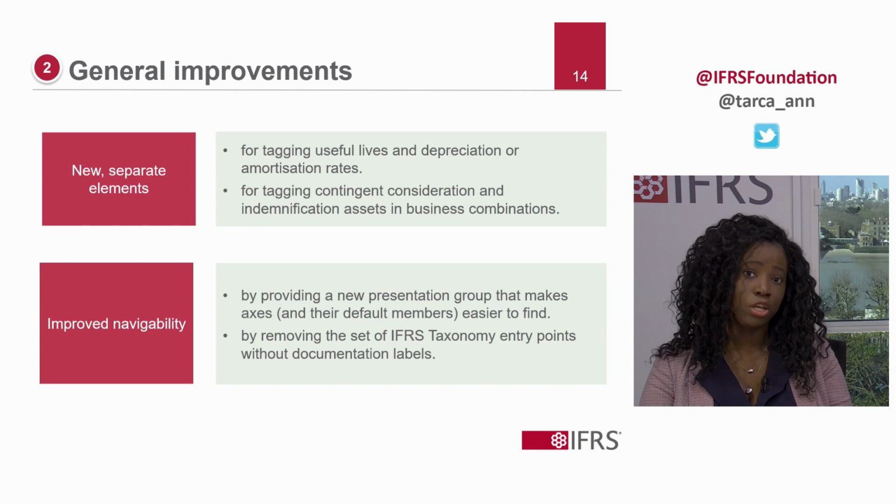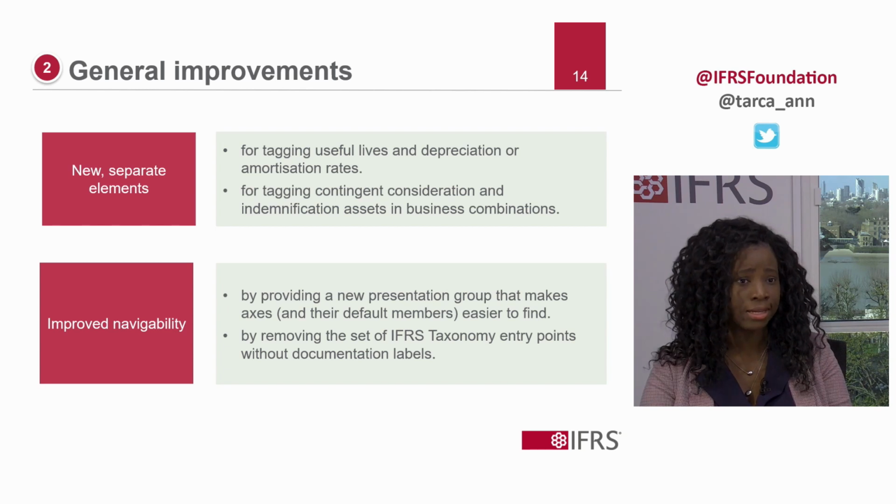We also added new and separate elements for contingent consideration and for indemnification assets in business combinations. This is because they are different accounting concepts for which it is unlikely that a preparer will report a combined value. The final set of improvements aim to enhance navigation of the IFRS taxonomy, which will help preparers in viewing its content and selecting the correct element.